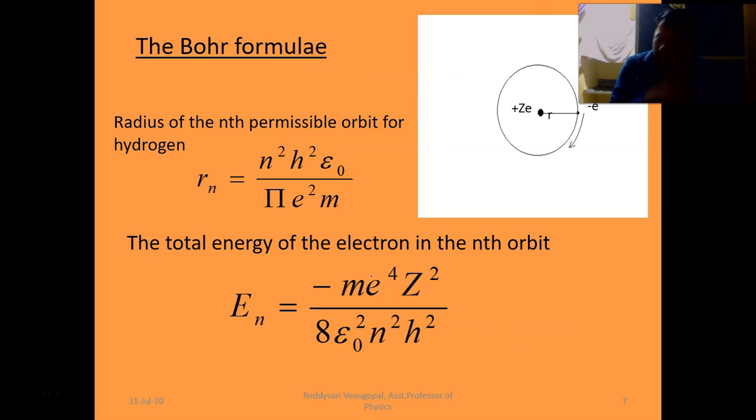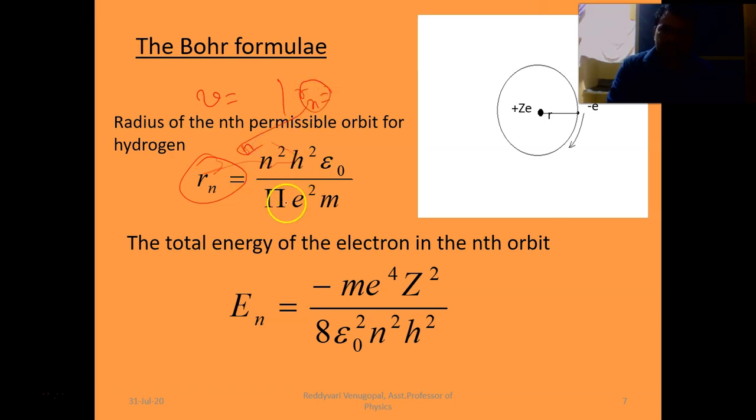So by using these postulates, Bohr calculated the radius of the nth permissible orbit for the hydrogen atom. He arrived at this formula for Rn. Here we have to use the velocity equation and the radius of the orbit equation, and we can derive Rn.